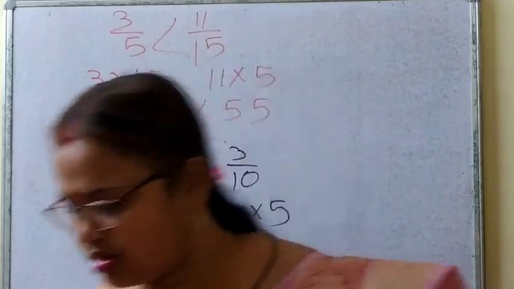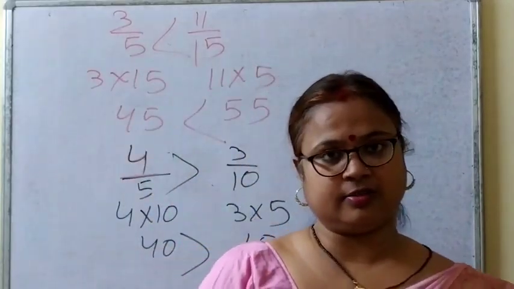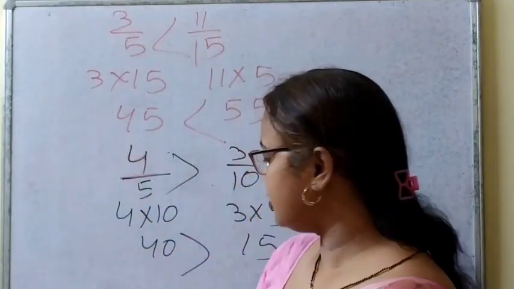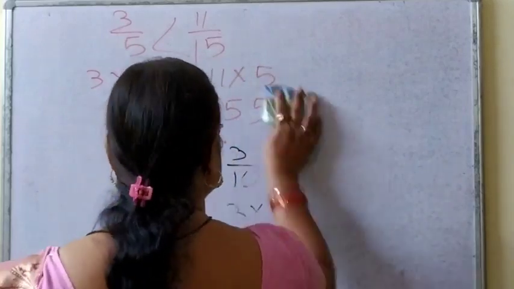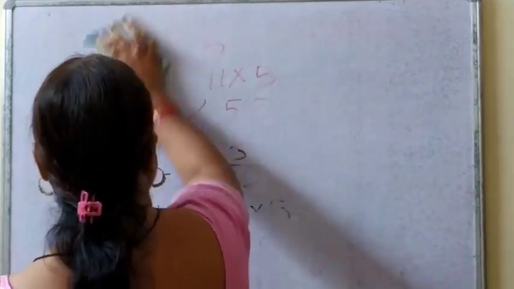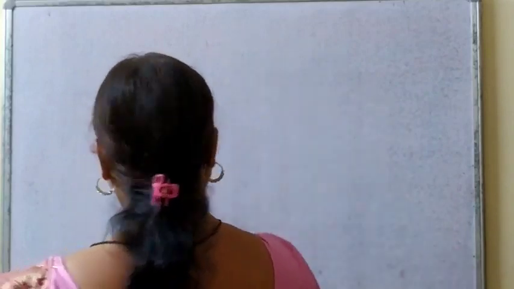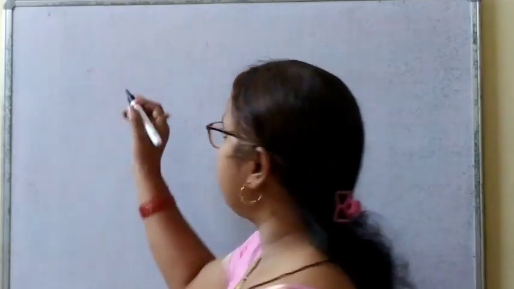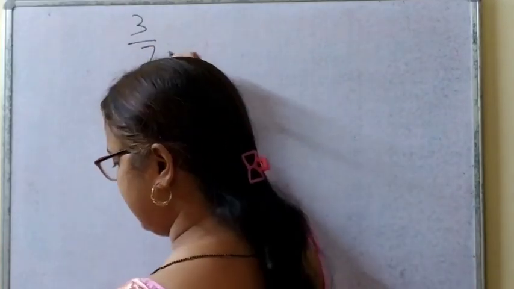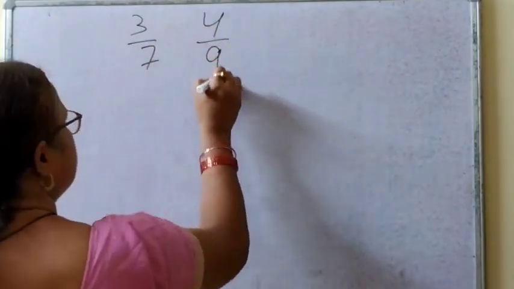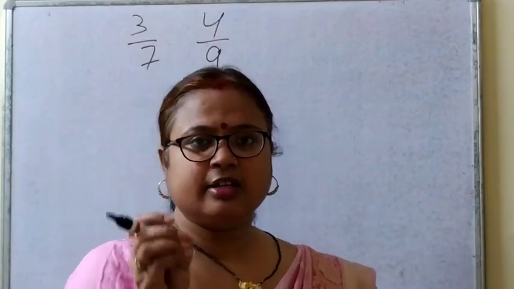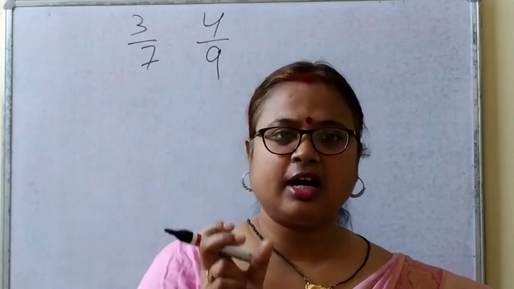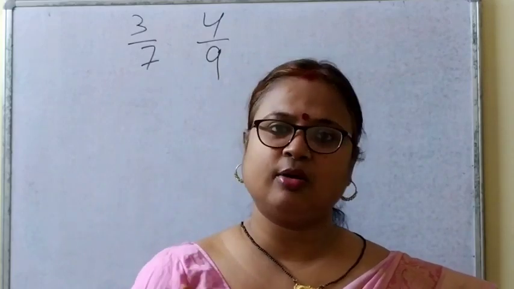Now the next is insert one fraction. How will you insert one fraction? If the question is insert one fraction and the fractions given are 3 by 7 and 4 by 9, how will you insert one fraction? You know the concept that in this you have to add the numerators as well as the denominators.